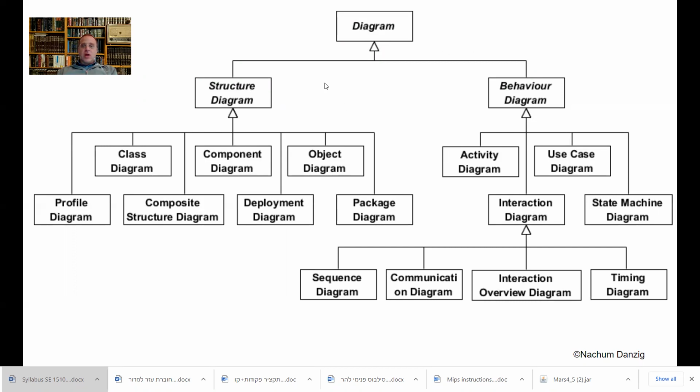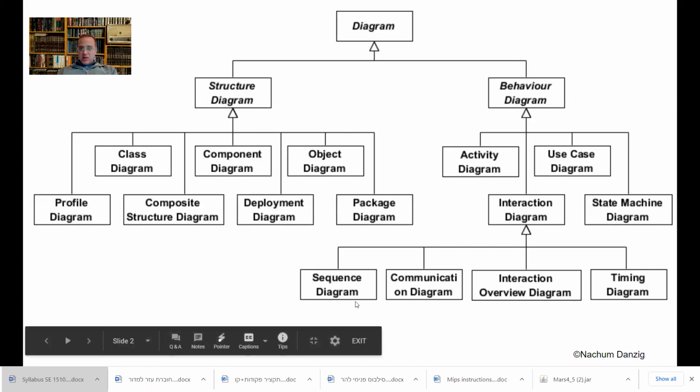Behavioral ones could be called dynamic diagrams that show behavior, show something changing. Structural ones are more static. So in the course, we'll talk about pretty much just class diagrams among the structural ones. But among the behavior diagrams, we'll talk about activity diagrams, use case diagrams, and sequence diagrams.